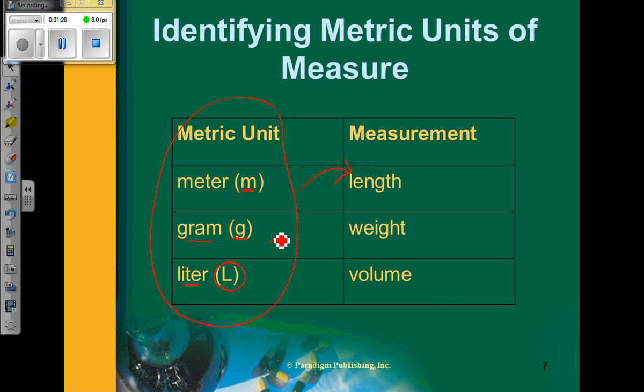Grams, you're going to be measuring weight. Liters, you're measuring volume. With liters, we're using it to measure liquids, such as your liquid medications, liquids for solutions. The grams, of course, we're measuring the amount of medication in a unit form.